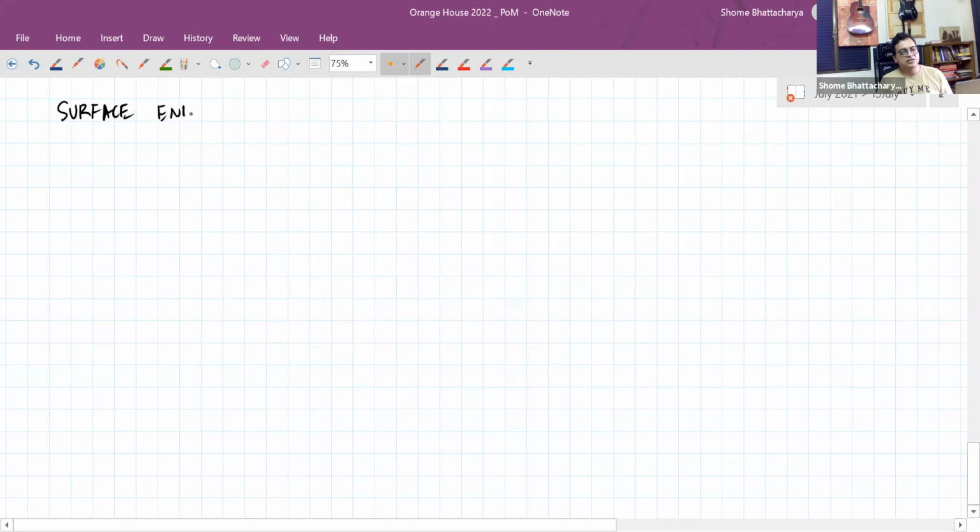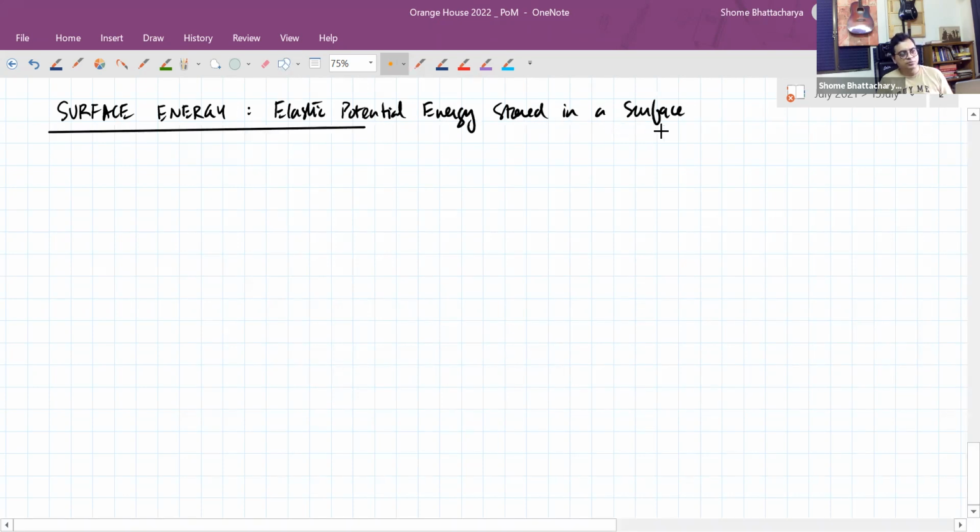Okay, the surface energy of a liquid surface is the elastic potential energy stored in a liquid surface. Now that also depends on the material property of surface tension, and on the size of the surface, of course.